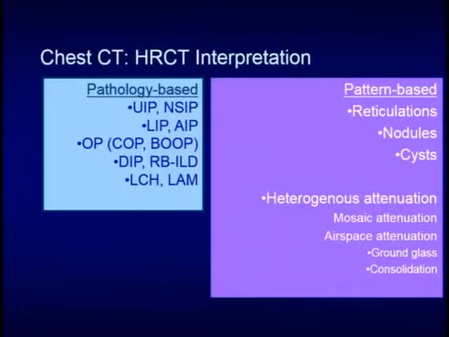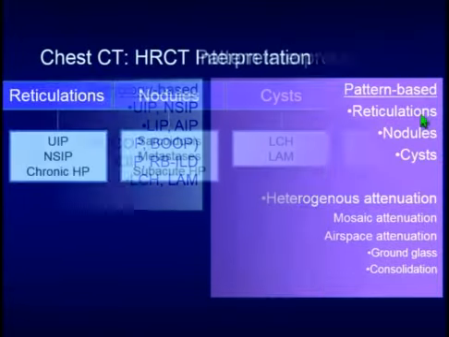And there may be some terms like heterogeneous attenuation, so that there's alteration in the lung parenchyma. And you'll see terms, and we'll go over this: mosaic attenuation, airspace attenuation, or consolidation. And this can be in the form of heavy ground glass or just ground glass, and true airspace consolidation, where you can't see the underlying lung structures.